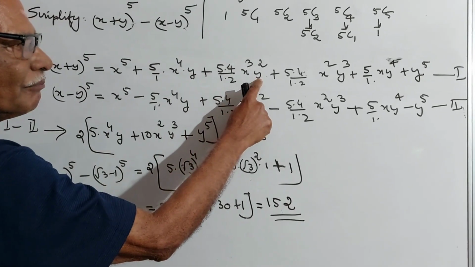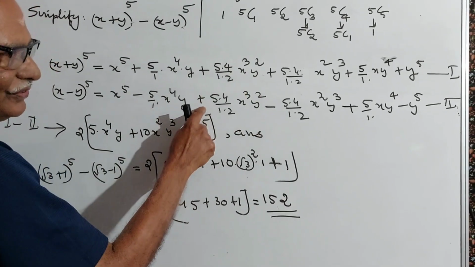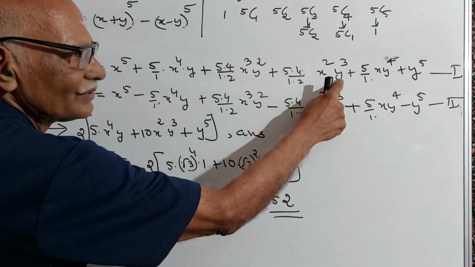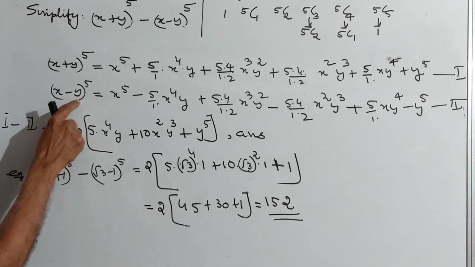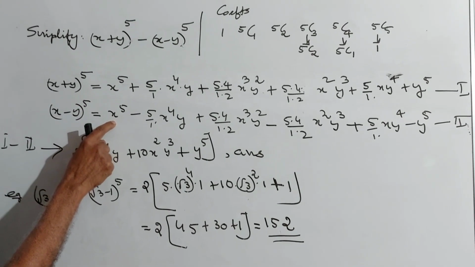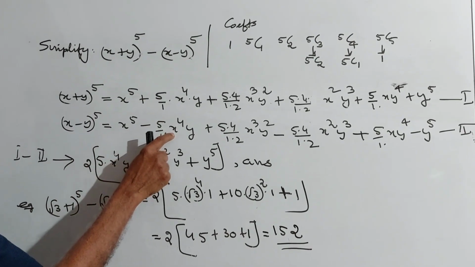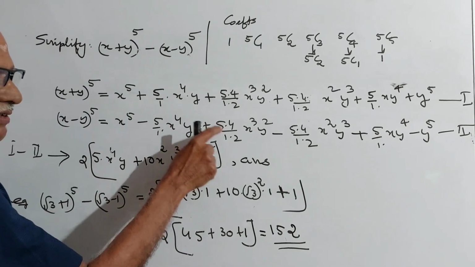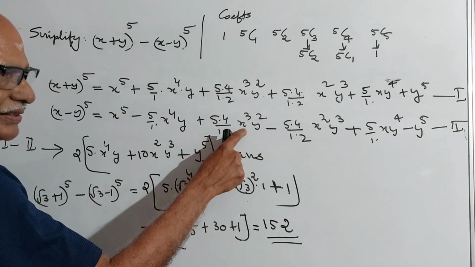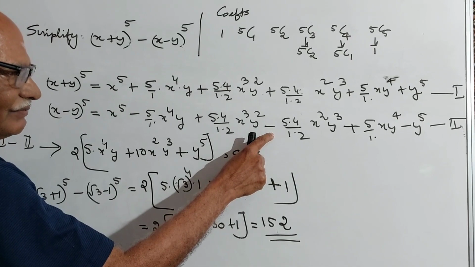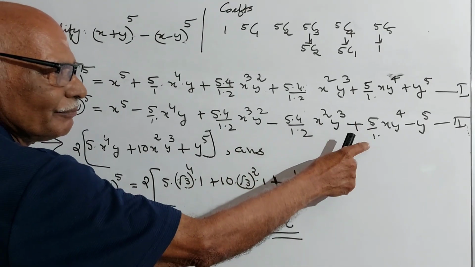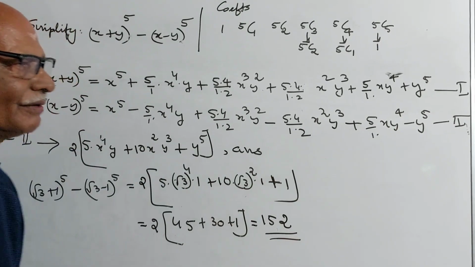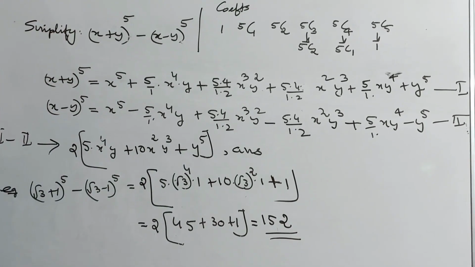This becomes minus y the whole square, which is plus. This becomes minus. This becomes plus. So finally, you are getting x minus y the whole raised to 5 as x raised to 5 minus 5 by 1 x raised to 4 into y plus 5 into 4 by 1 into 2 x raised to 3 y squared minus 5 into 4 by 1 into 2 x squared y cube plus 5 by 1 x y raised to 4 minus y raised to 5.